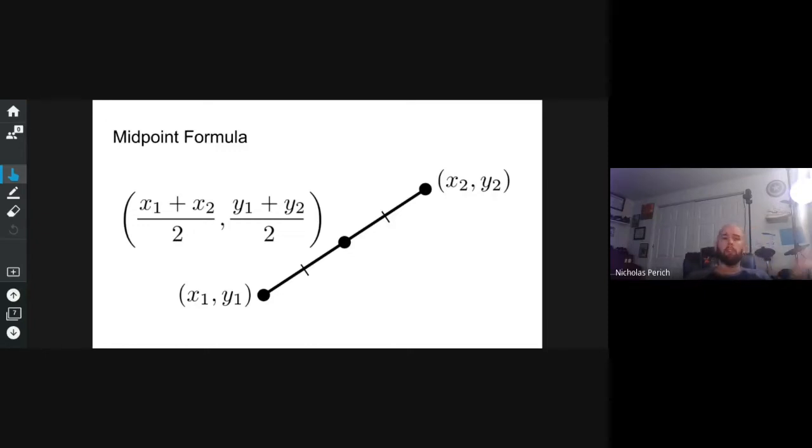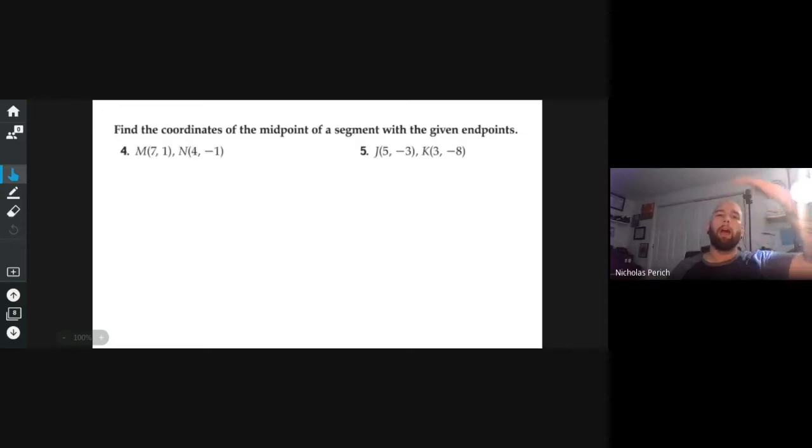This is a little easier to understand. If I give you 2 points, the x value between them is going to be right in the middle, and the y value is going to be right in the middle. The way you find something right in the middle is you add them up and divide by how many you have. In this case, you divide by 2. So that's our formula. You have it in your notes.